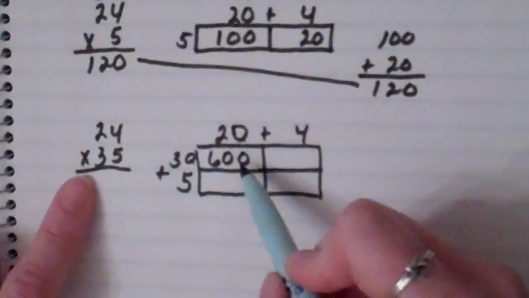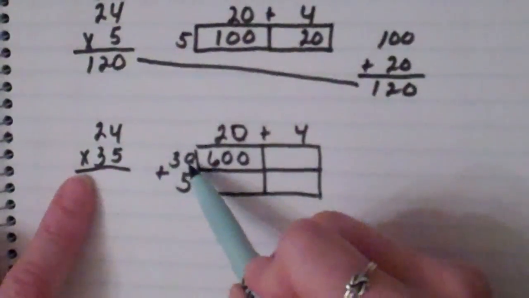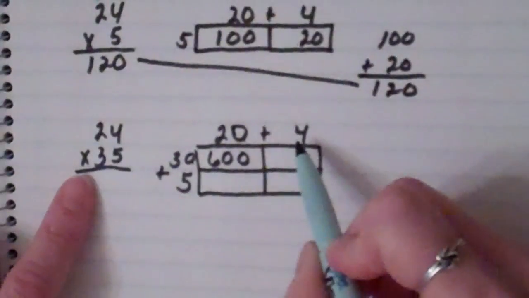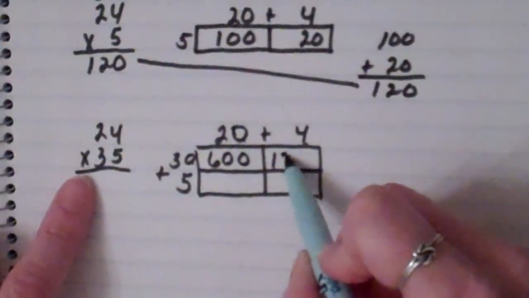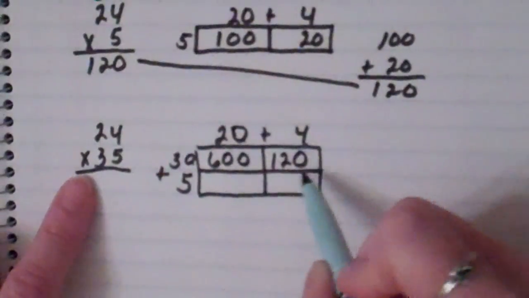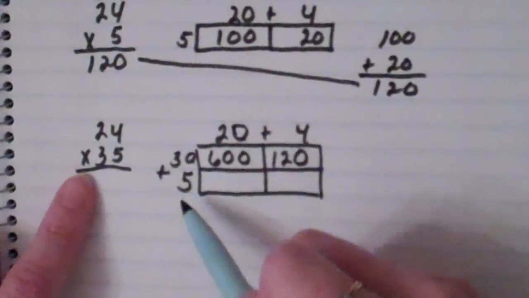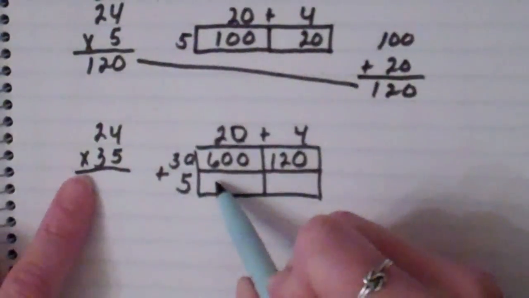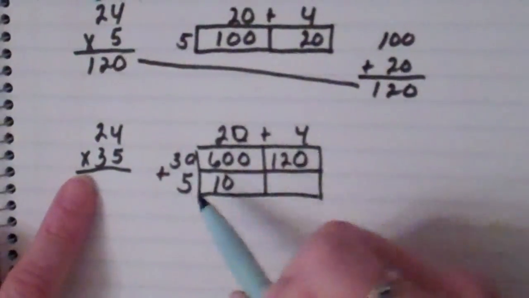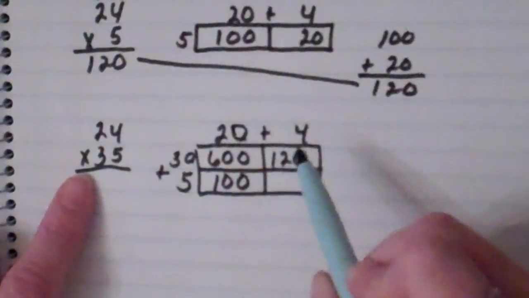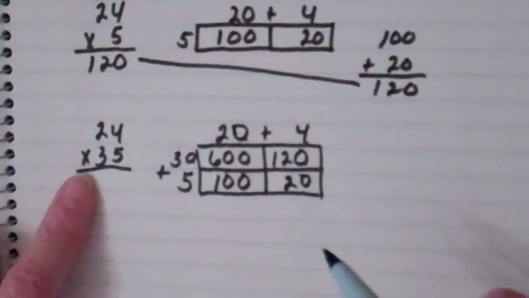So 30 times 20 is 600. 30 times 4, the basic fact is 3 times 4, that's 12. Put in one more 0. 30 times 4 is 120. And then 5 times 20, 5 times 2 is 10, so put in the 10. 5 times 4 is 20.